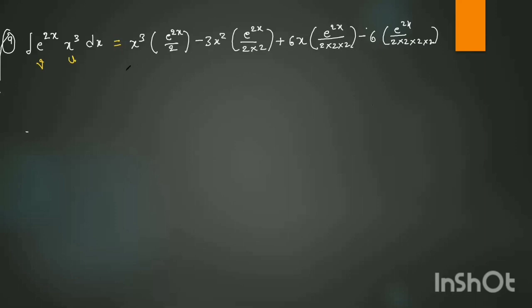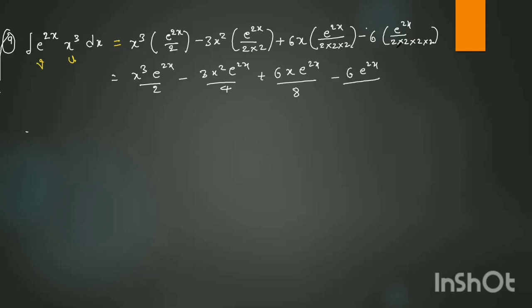So your answer will be x cube e to the power 2x by 2 minus 3x square e to the power 2x by 4 plus 6x e to the power 2x divided by 2 to the 4, 4 to the 8, minus 6 e to the power 2x divided by 2 to the 4, 4 to the 8, 8 to the 16. Further, if you want, you can simplify.